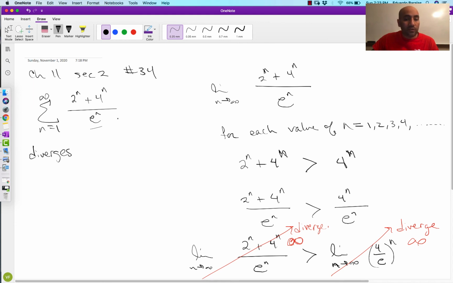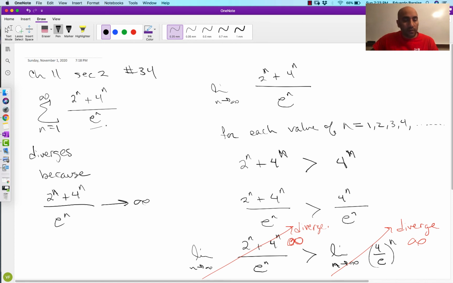They're not going towards 0, because (2 to the n plus 4 to the n) divided by e to the n diverges.